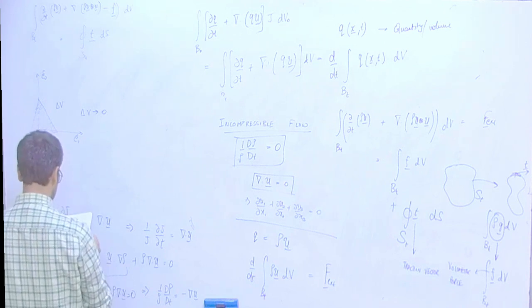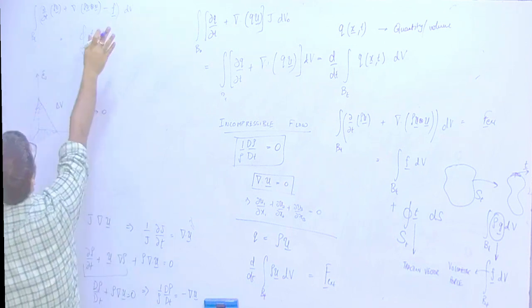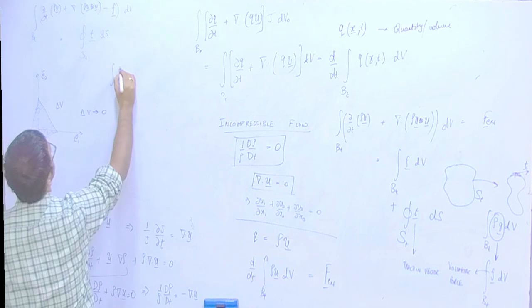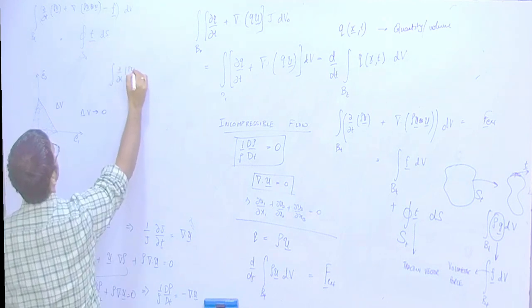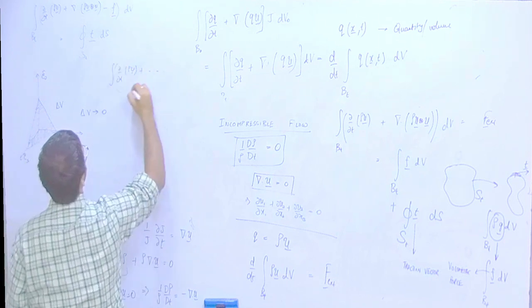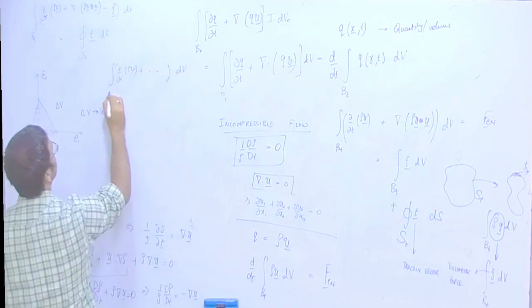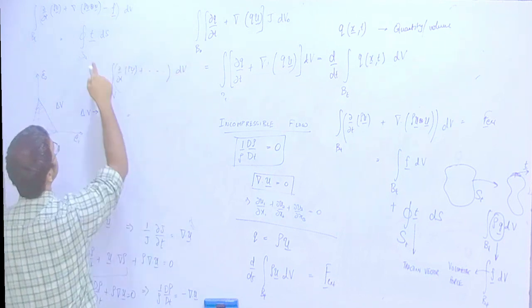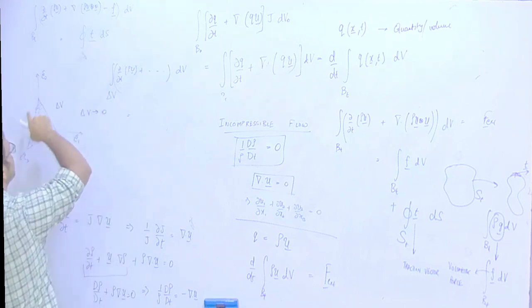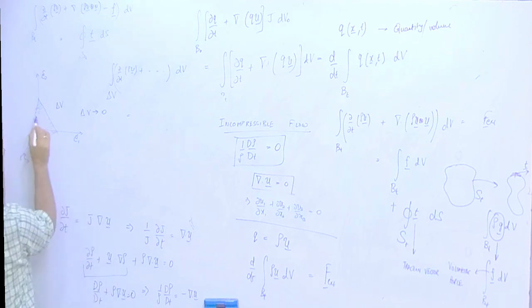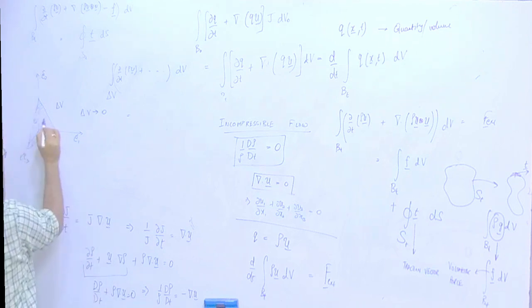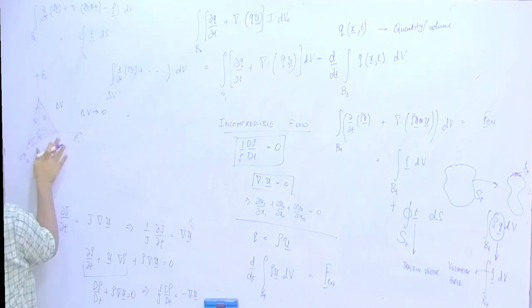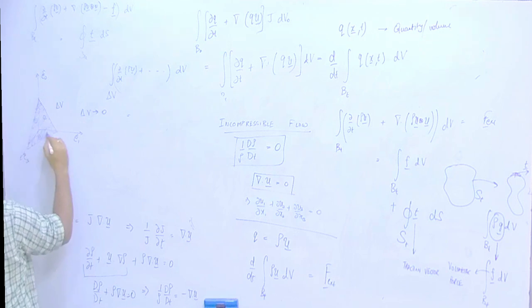The left hand side I can just write as del by del t of rho u plus everything, dV integrated over delta V, equals. The right hand side is an integral over the whole surface. You have surface 1, surface 2, surface 3, and then a slant surface which I am going to call n.